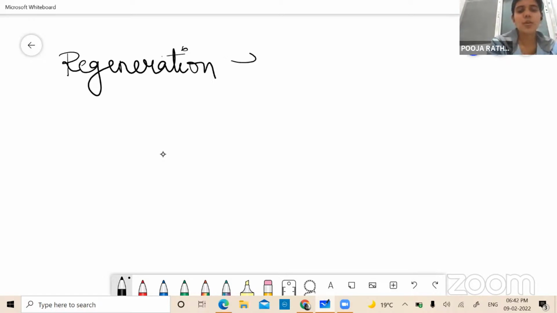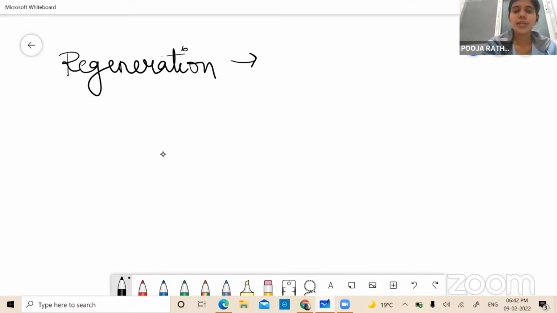Regeneration. What is regeneration? Sometimes regeneration and fragmentation seem to be similar, but they are not at all similar. Regeneration is different and fragmentation is different.